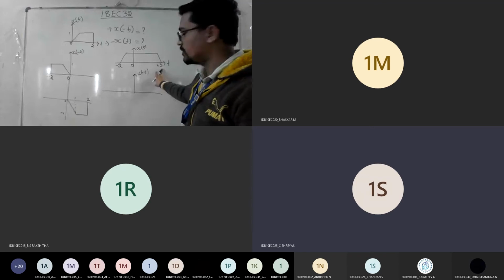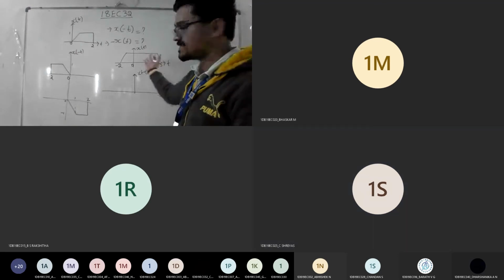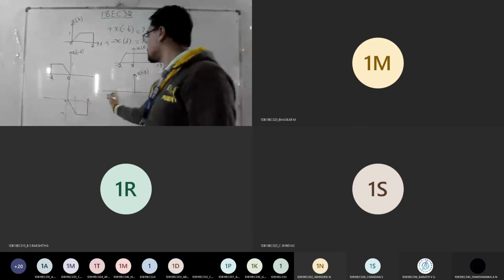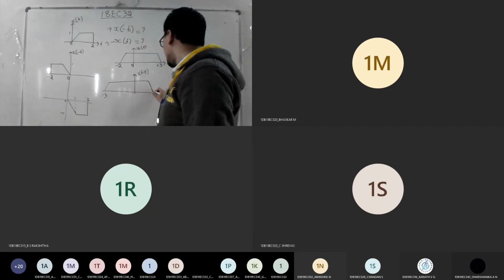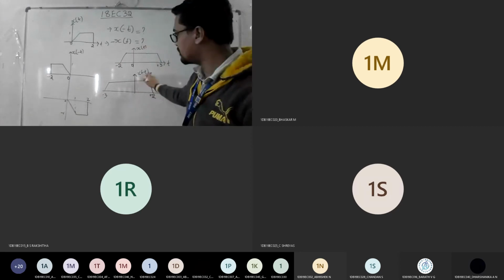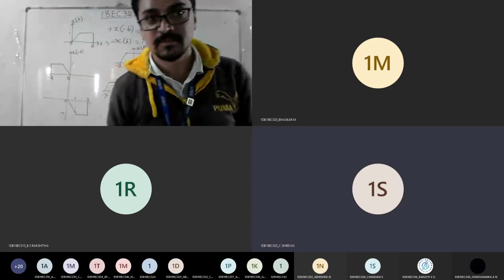This +3 will go towards -3. Correct? It is just a mirror image. So just change +2 minus, minus to plus. So this will start at -3, go like this and end at +2. So this is how it looks for x of minus t. Everyone agree?